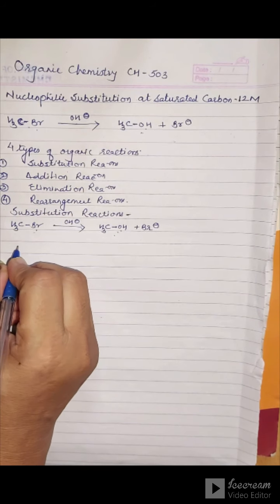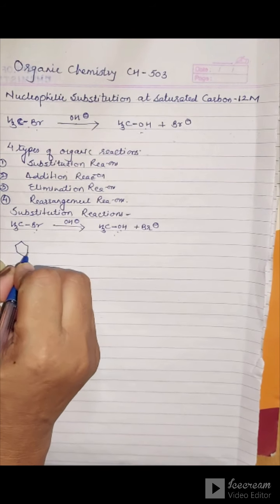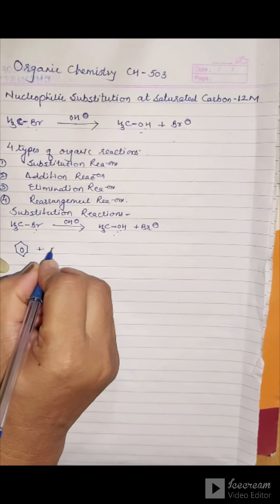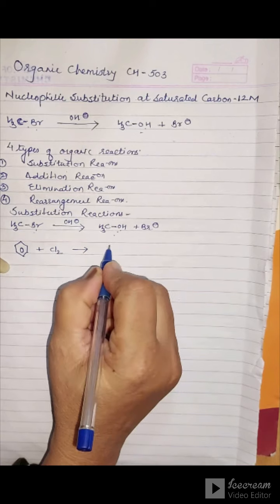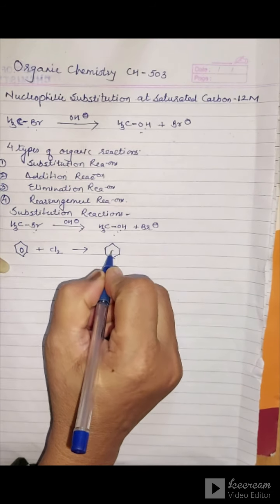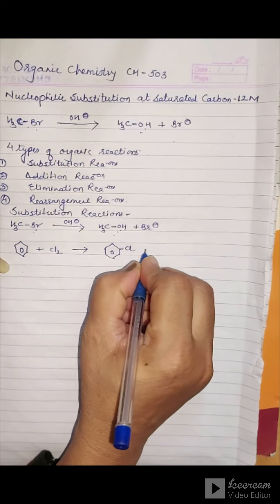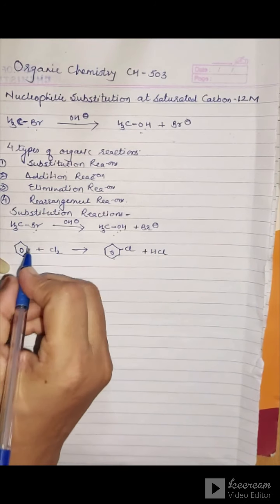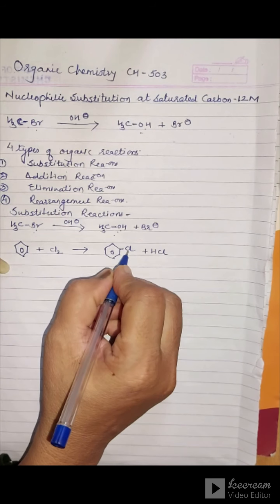Another example of substitution reaction is, suppose we have benzene, and when it is halogenated, then it will convert into chlorobenzene. When it reacts with Cl2, it will give chlorobenzene plus HCl. In this reaction, hydrogen is replaced by Cl.